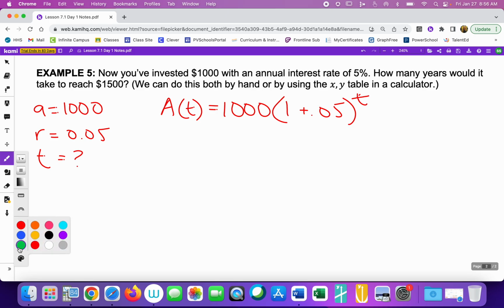So we're gonna plug this into y equals. Instead of t, you would put an x up here. And then we're gonna pull up our table. Alright, so you can do 1000 times 1.05 raised to the x power.